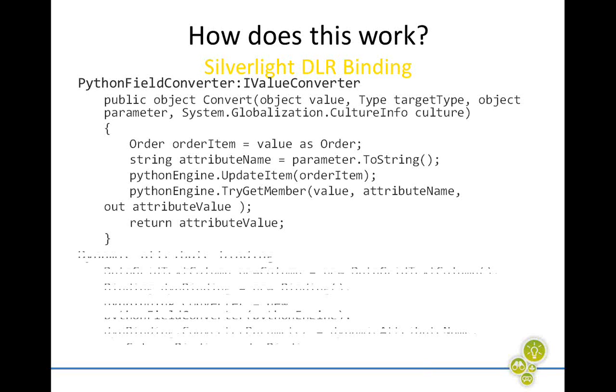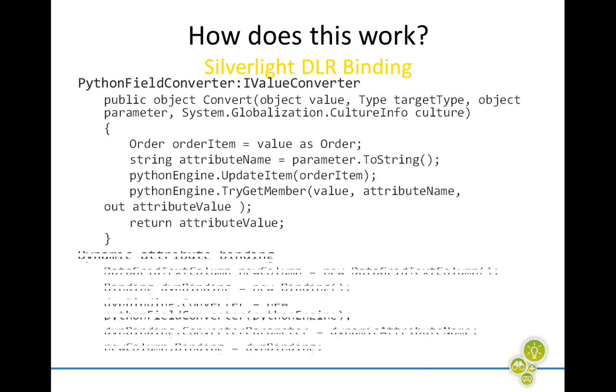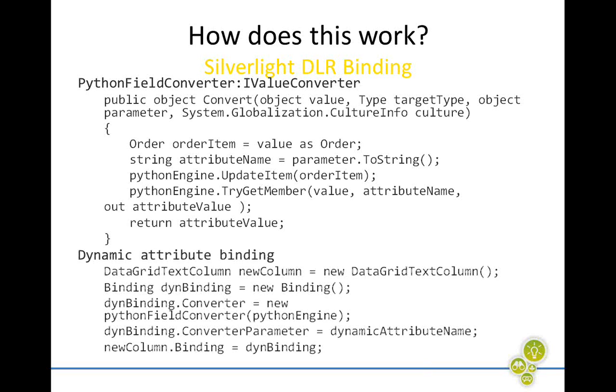Okay, this was not even visible, so I'll give you a minute more to read this because this was not visible while I was talking to it. Yeah, so that is the converter and that is the binding. So that wraps it up.